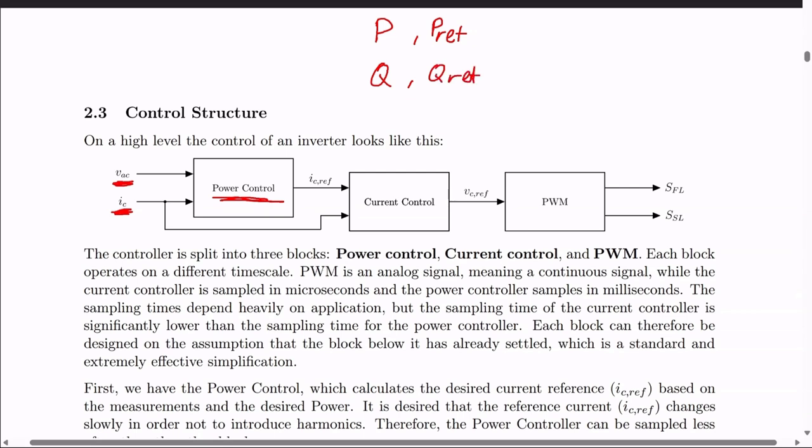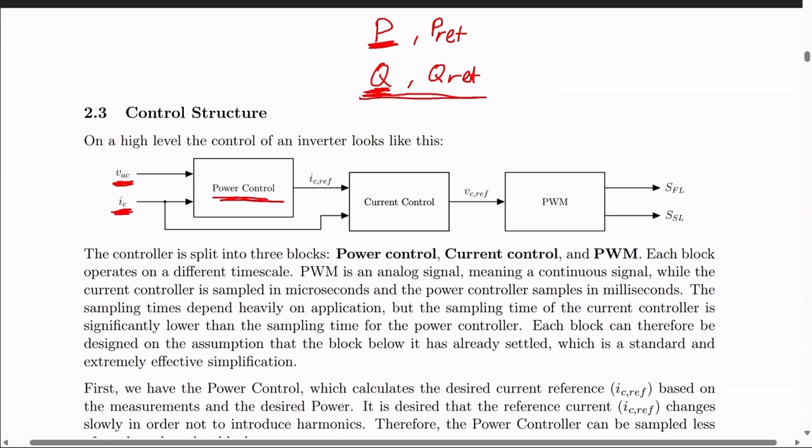However, for some inverters, you sometimes don't control the Q, the reactive power. For example, if you have a PFC where you just want pure active power, you can neglect this Q. So sometimes we don't want the reactive power, but sometimes we want it.